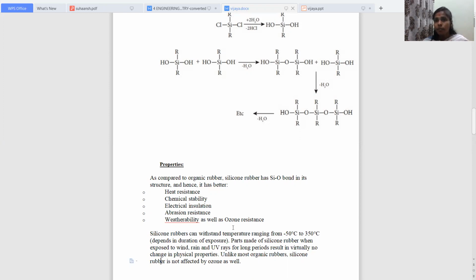The Buna S rubber can react with ozone, whereas the silicone rubber has more ozone resistance. And silicone rubbers can withstand temperatures ranging from minus 50 degrees centigrade to 350 degrees centigrade.